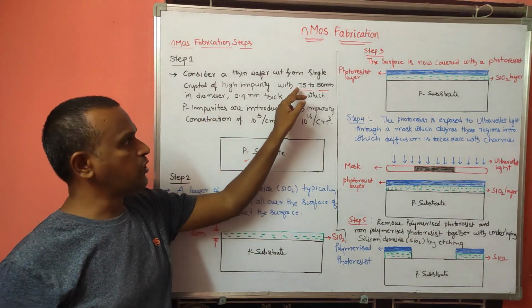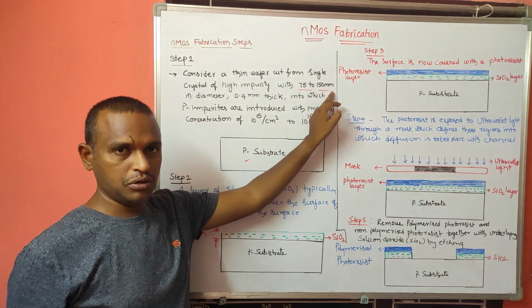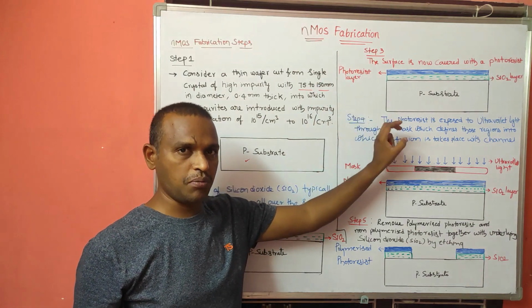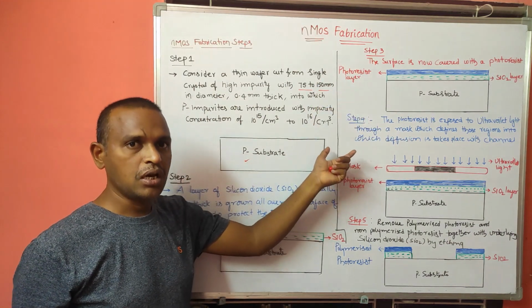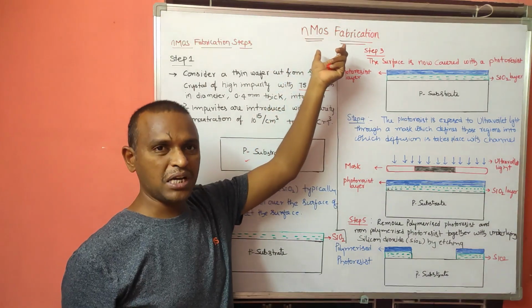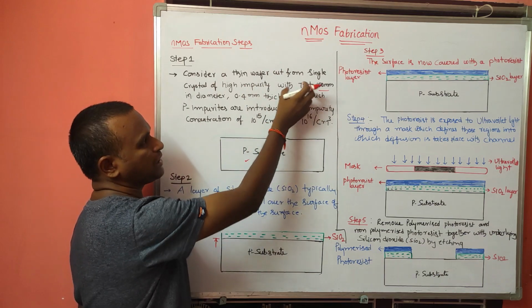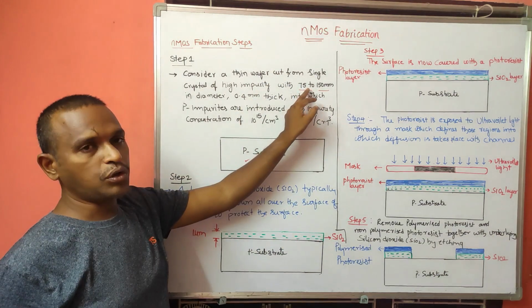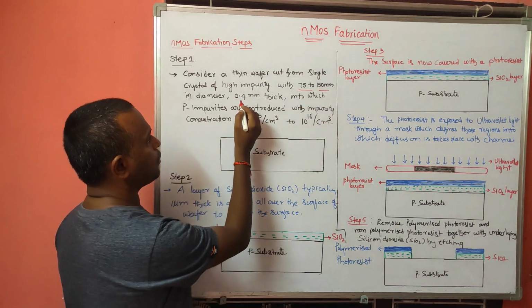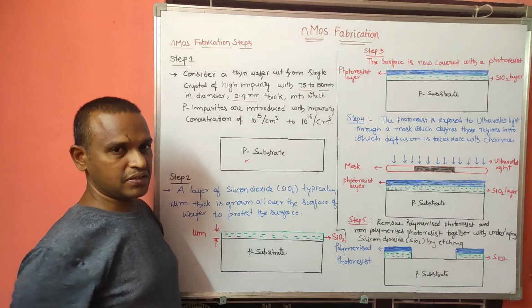It is 75 to 150 millimeter. If you remember the steps of IC fabrication, it is very easy for us to learn this nMOS fabrication. The wafer has a diameter of 75 to 150 mm and 0.4 millimeter thickness.